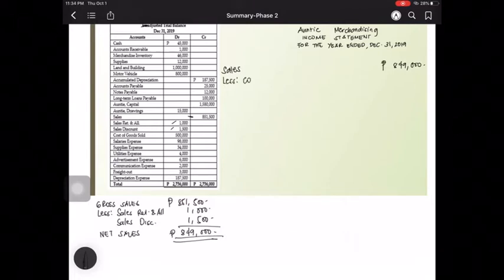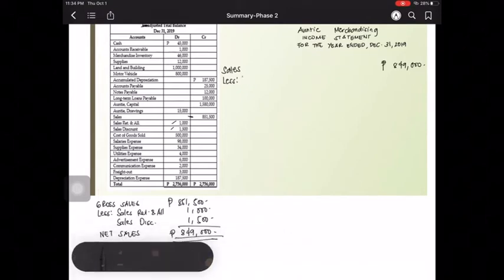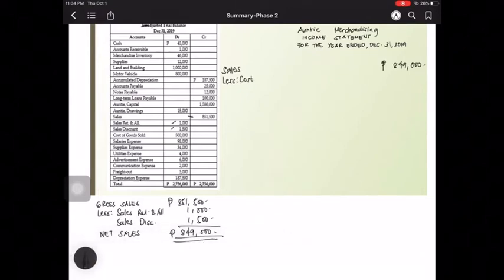Okay, and we can proceed now in deducting the amount of our cost of goods sold. By the way, since this is a report, what's the rule? We have to write down the entire term. What's the importance of writing the entire term in the financial report? Because it is a formal document.